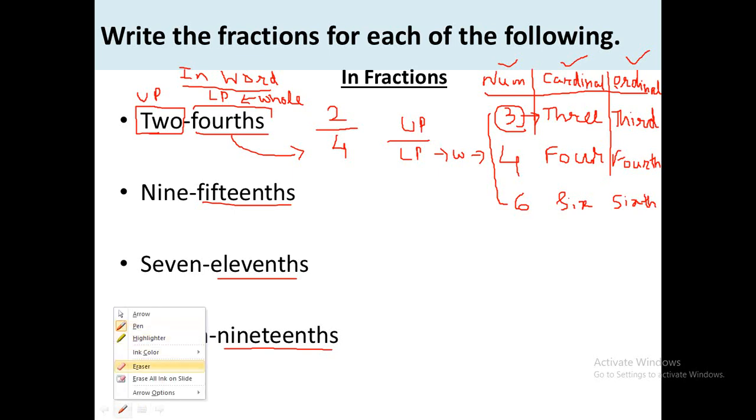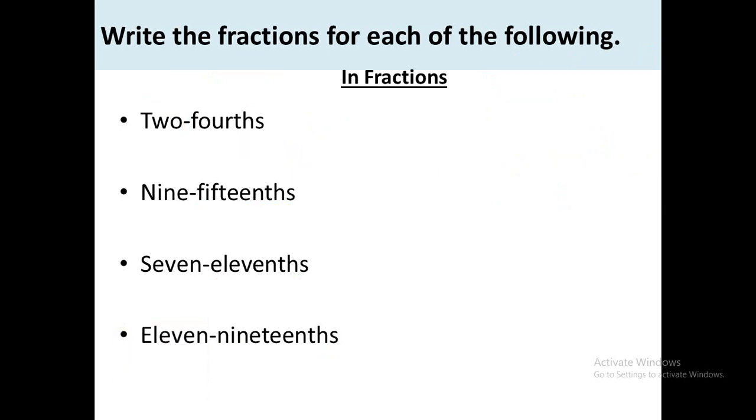Now let me write this. It is 2 fourths, right? So 2 is the upper part, this one will be in the lower part. This first part shows part of the whole, and this part shows the whole, right?